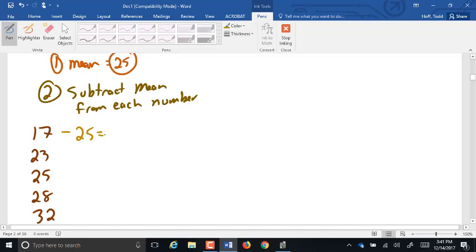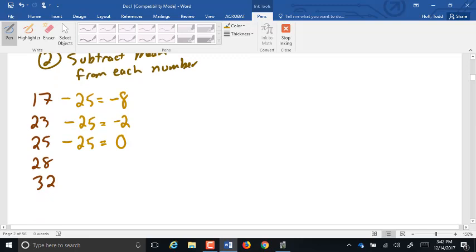So 17 minus 25 is negative 8. 23 minus 25 is negative 2. 25 minus 25 is 0. 28 minus 25 is a positive 3.